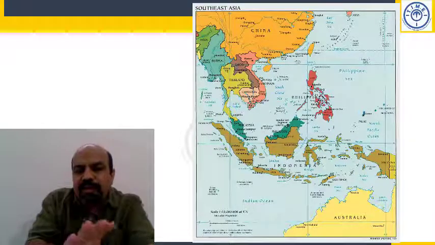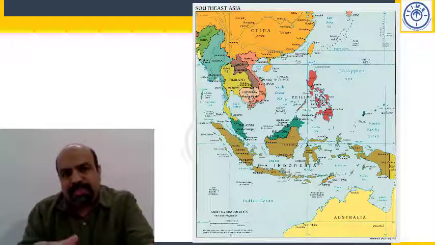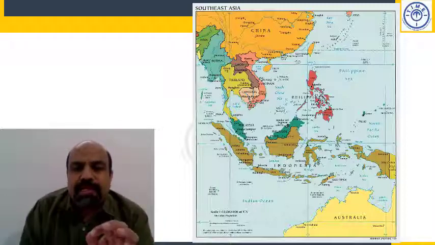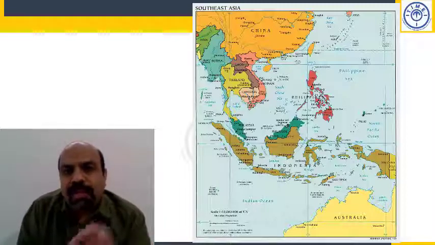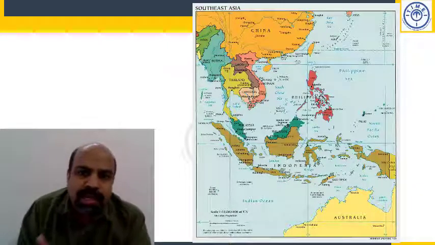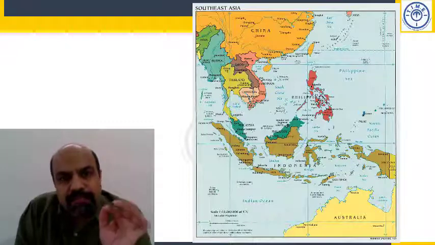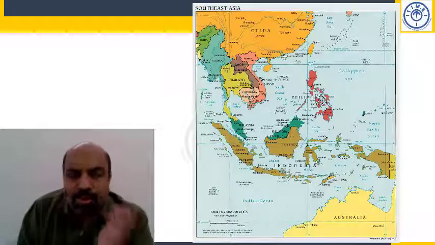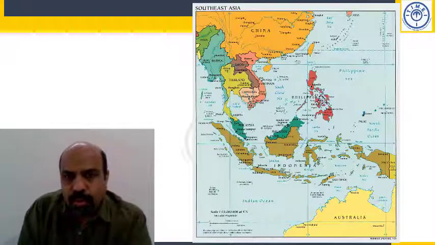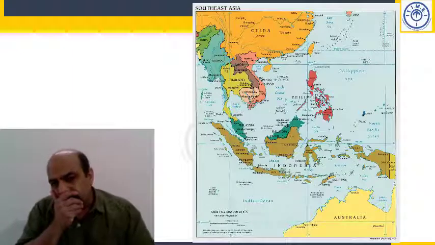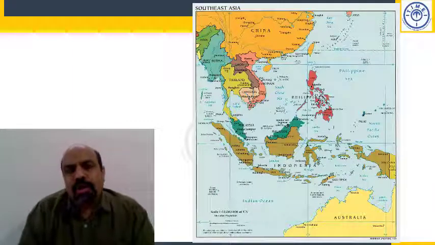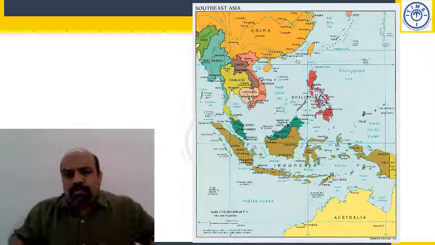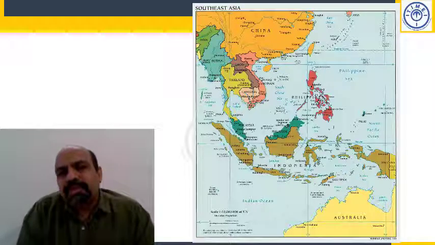The second name is Vajiralongkorn, V-A-J-I-R-A-L-O-N-G-K-O-R-N. Mahavajiralongkorn. He's a little over 50, 55, 60, I think. And he has tattoos all over his body. He's a new king. His father died less than 2 years back.